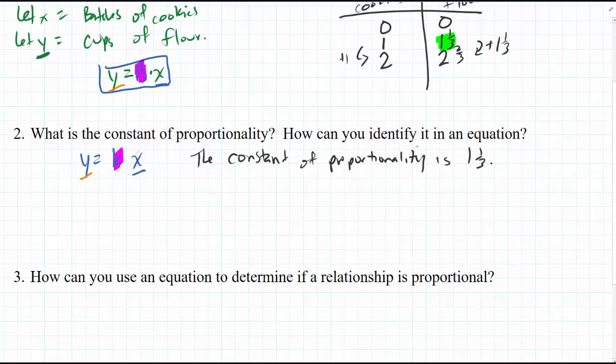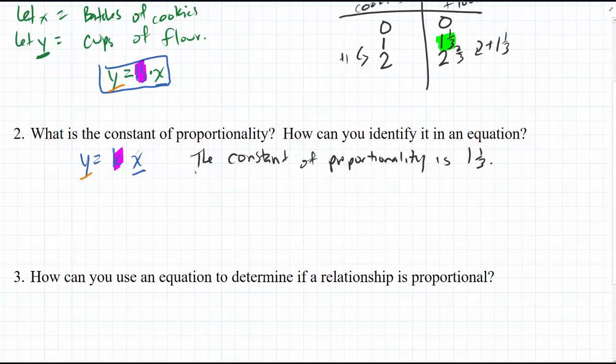How can we identify the constant of proportionality in an equation? There's a couple of ways, but as of right now, if you could tell me that the constant of proportionality is the number multiplying the x, it's the coefficient of the variable, I will be very satisfied with that.